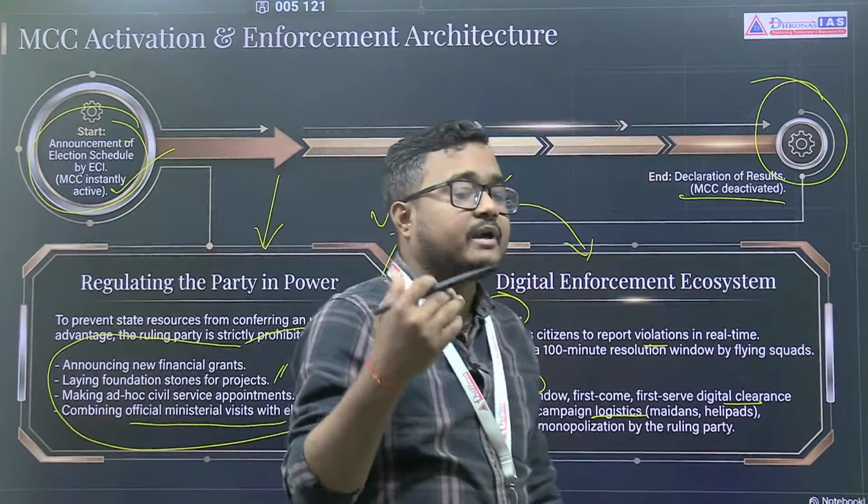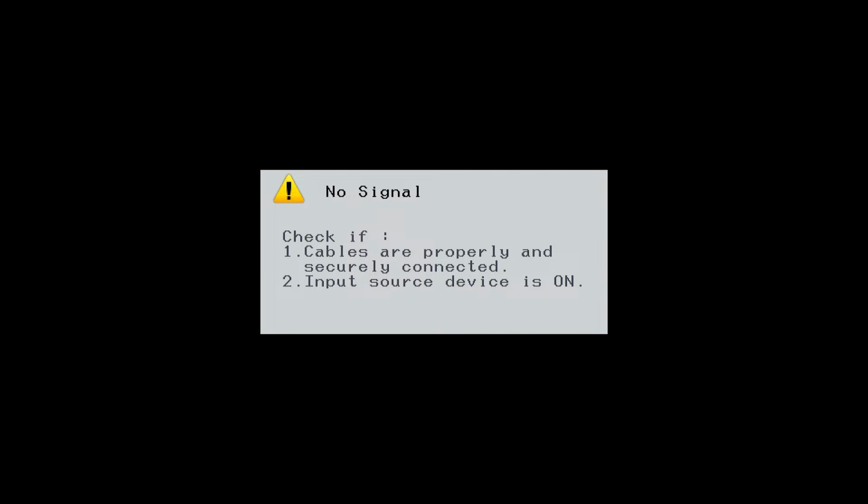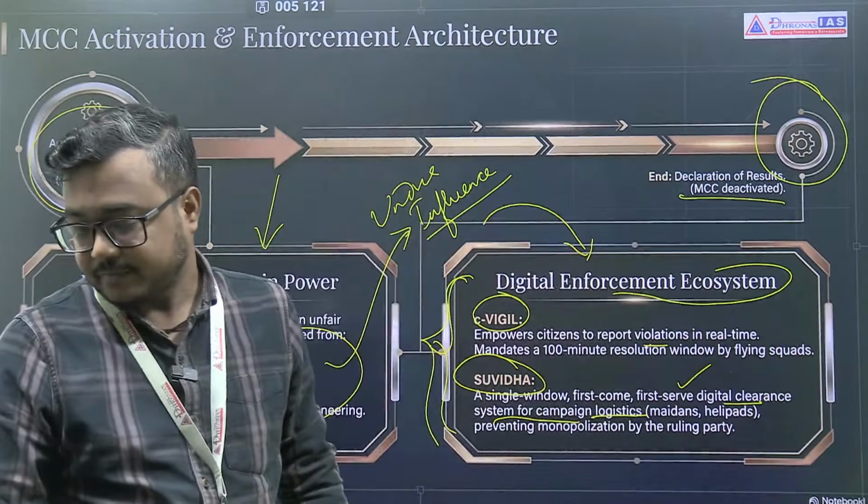For example, whenever you are campaigning, you need to use certain helipads or other facilities. In that case, you can get first come first serve digital clearance for all your campaign related activities. So this is the digital enforcement ecosystem. And this is about the ethical barometer. Okay, moving on.